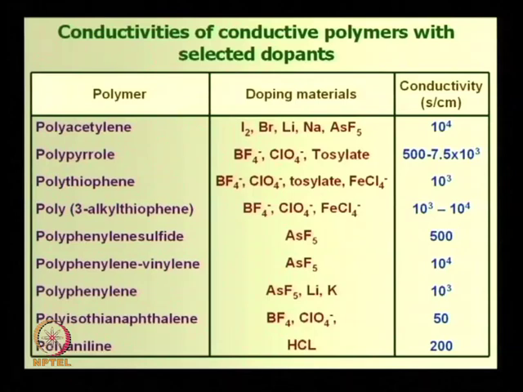These are doping materials for different polymers. People have tried, and you see their range of conductivity, the order of conductivity which could be achieved. Today, millions of people are working in this conducting polymer area.